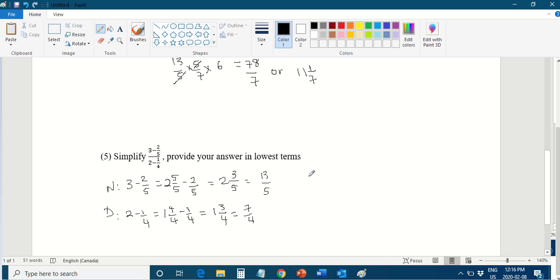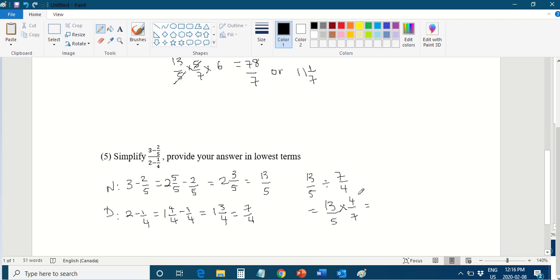Now dividing those two numbers, we can write 13 over 5 divided by 7 over 4. Now if we were to change division to multiplication, we flip this, so times 4 over 7. We try to reduce this, but none of them can be reduced. 13 and 4 cannot be reduced by 5 or 7, none of them.